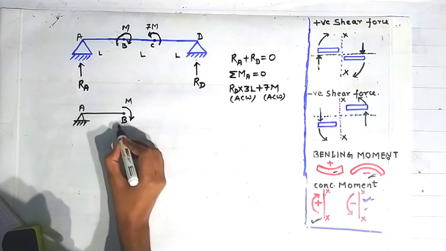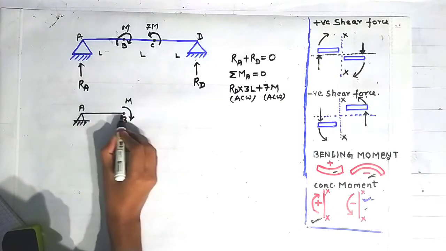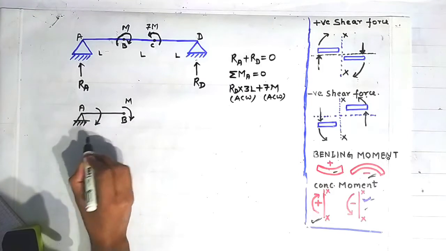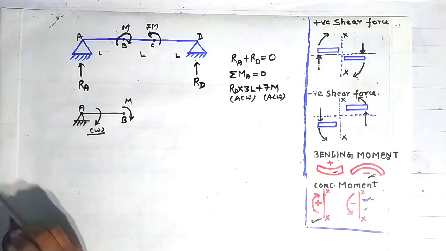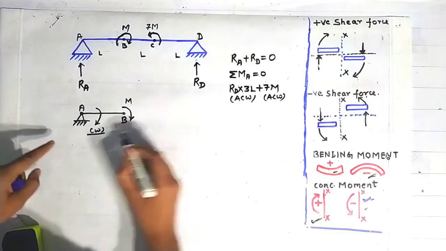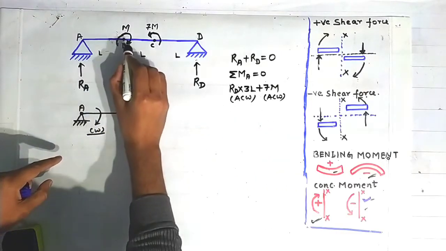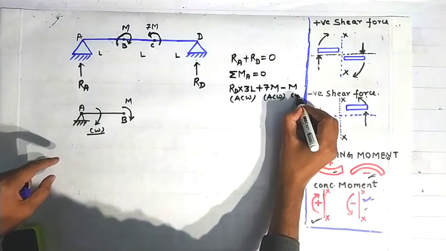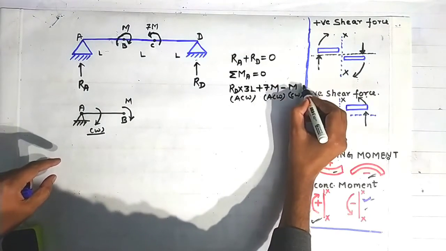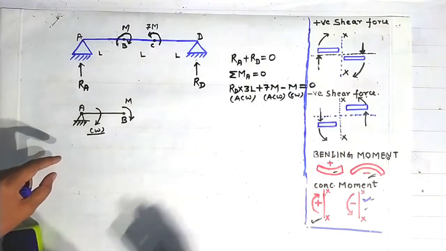So it is trying to rotate this beam element AB in this direction, that is clockwise direction, about this point A. That's why it is taken as clockwise rotation. So I will put here as minus m clockwise and set it equal to 0.